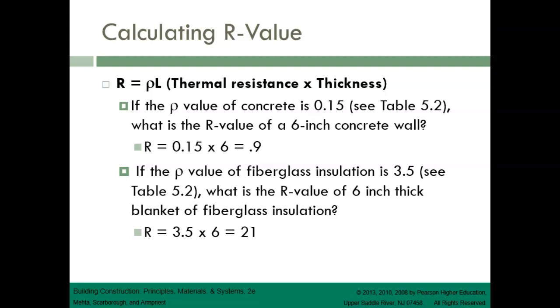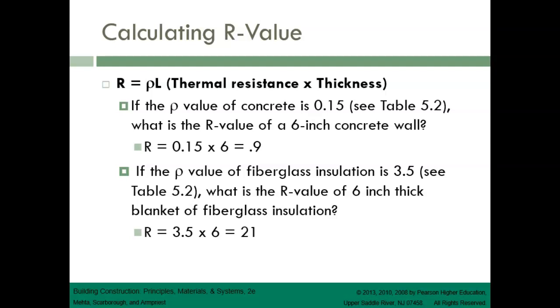In this case, the R value is 0.15 times 6, which is 0.9. The R value of a 6-inch thick concrete wall is less than R1, but in this case, we would round the 0.9 up to R1.